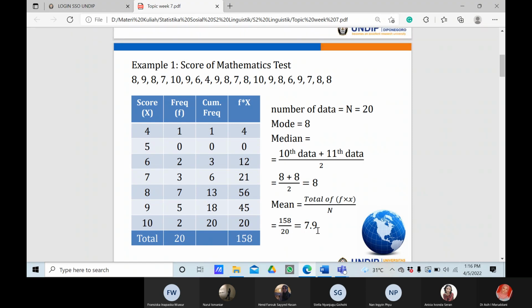I think it is not difficult for you, because for single data presented with a frequency distribution, it is not difficult to calculate.